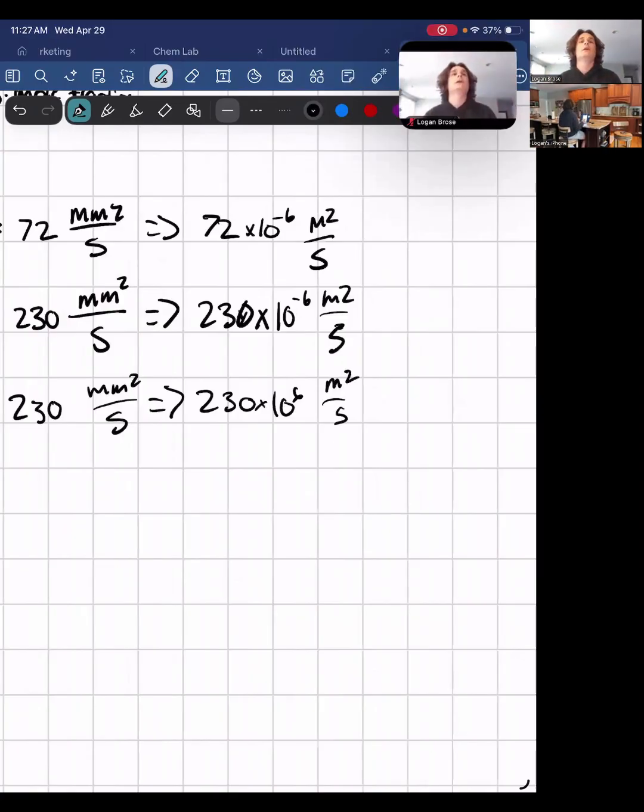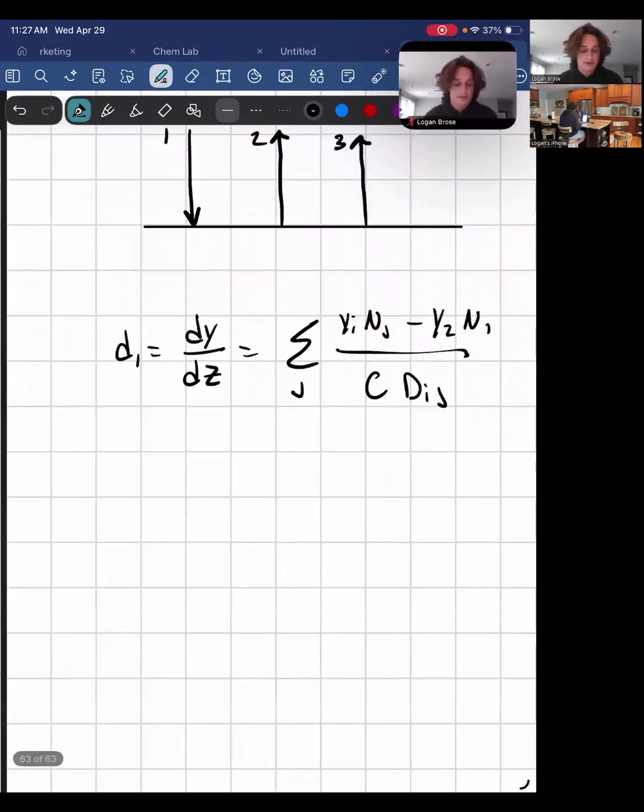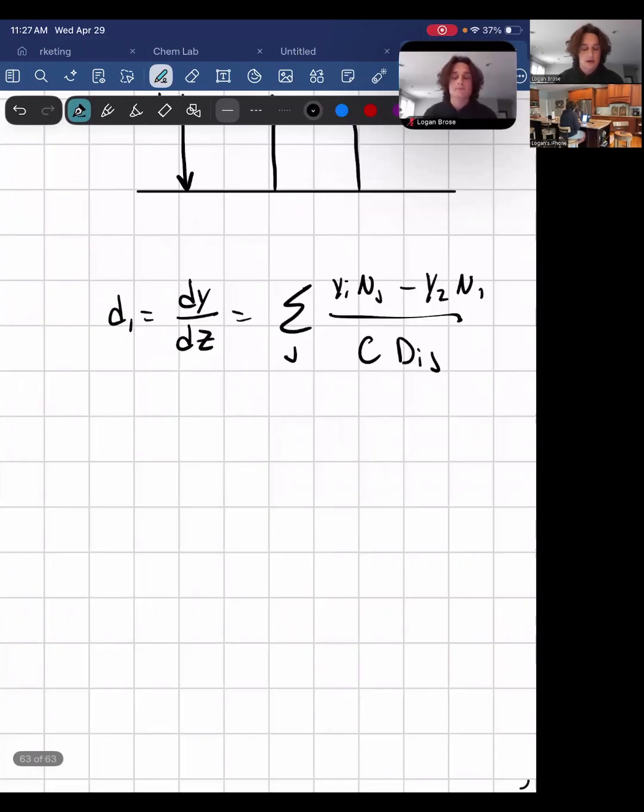And so like we did in the last part, homework 4, part B, we can break these down into the individual components, right?